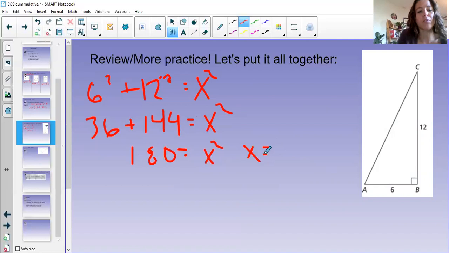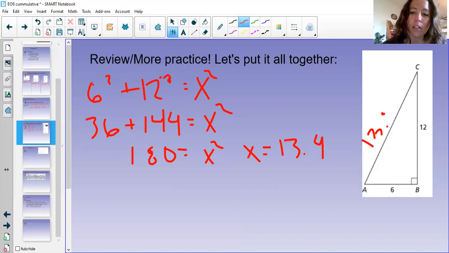Okay, take the square root, and we get 13.4. So right away, I know that this side length is 13.4. Okay, so now I have all the side lengths.